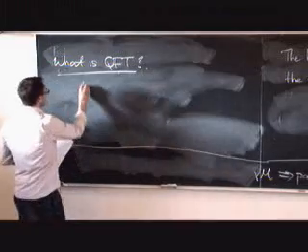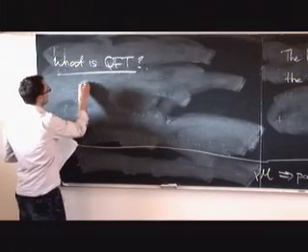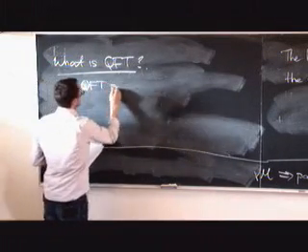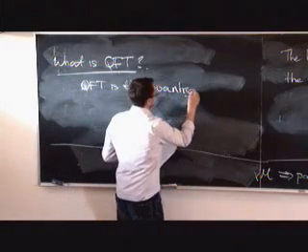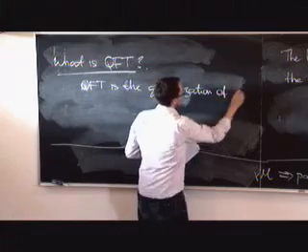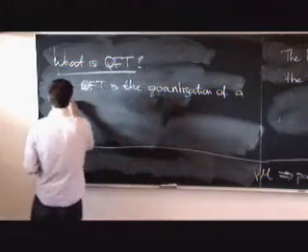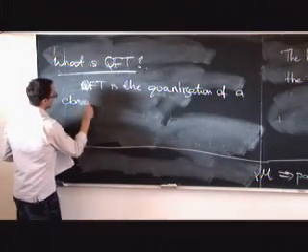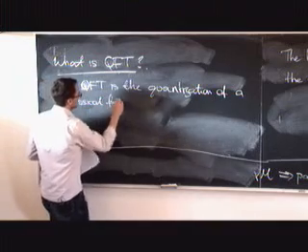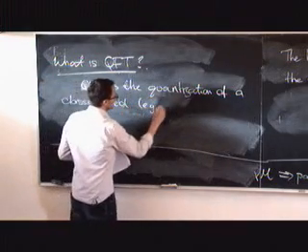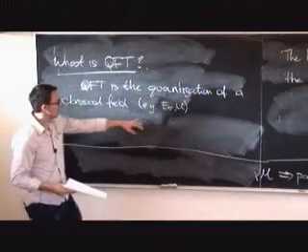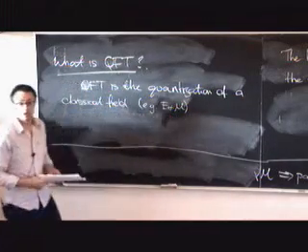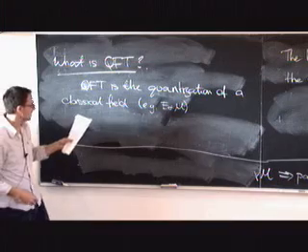Okay, so quantum field theory is the quantization of the classical field. A good example of a field to keep in the back of your mind are the electric and magnetic fields, classical electromagnetism.